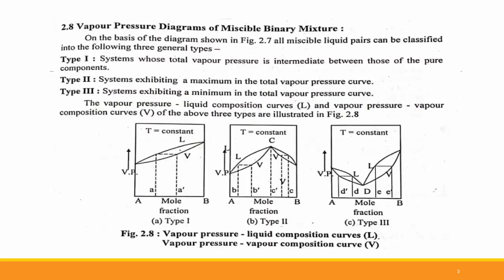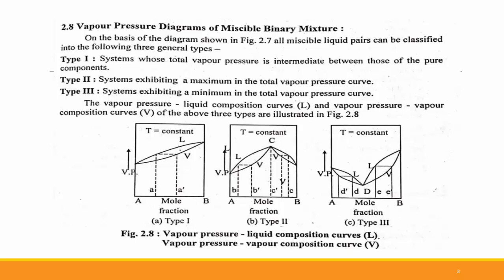This is the vapor pressure diagram of a miscible binary mixture, where we can see three different types. Already we discussed in the previous lecture the real solutions, which have three different types of deviations: intermediate positive deviation, maximum positive deviation, and minimum negative deviation. Likewise, the vapor pressure diagrams are also classified into three general types.